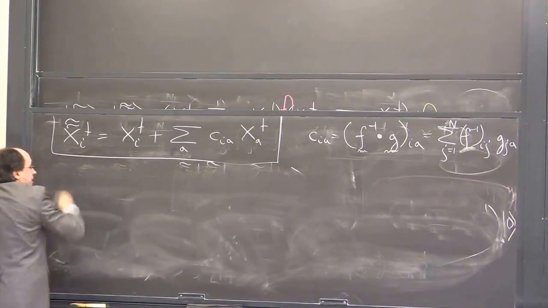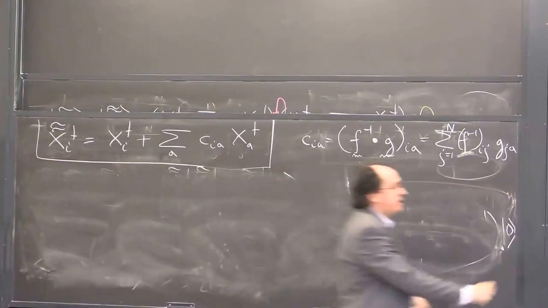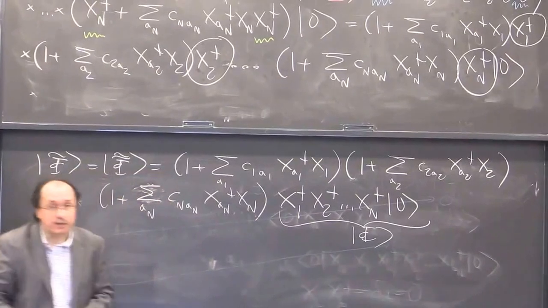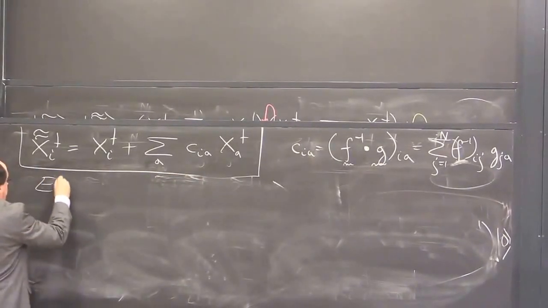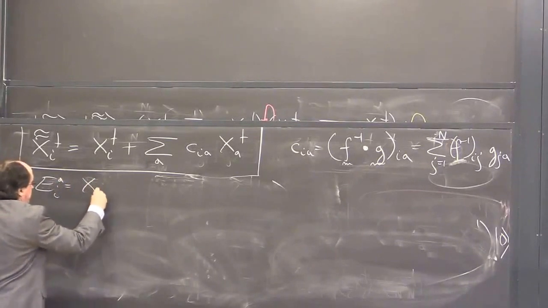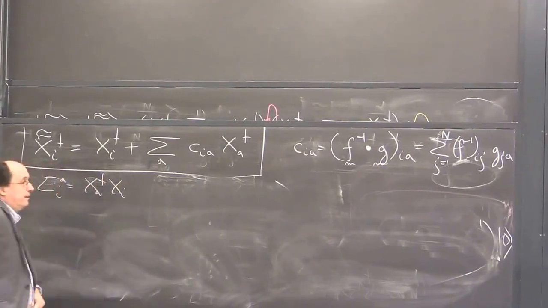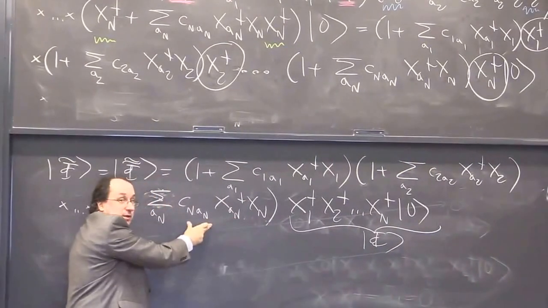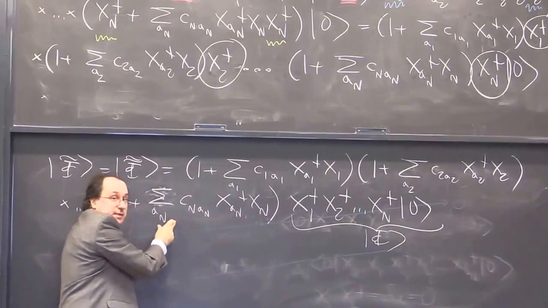So first of all, as you can see, in each of these bracket expressions I have X dagger, X pair, occupied and occupied. Well, that's an excitation operator. So let me remind you the definitions. When I write EIA, I mean, of course, XA dagger, XI. But we are doing more here. We are taking an elementary excitation operator, we multiply it by some constant, and we sum over unoccupied states.